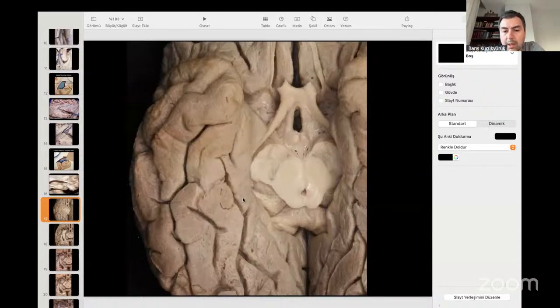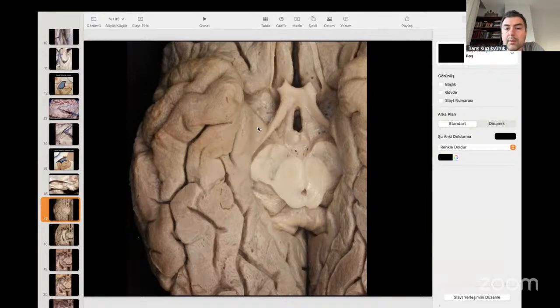This is the parahippocampal gyrus. This is the mesencephalon. Between the posterior segment of the uncus and the mesencephalon, there is the optic nerve, chiasm, and then optic tract going into the crural cistern and then the ambient cistern.